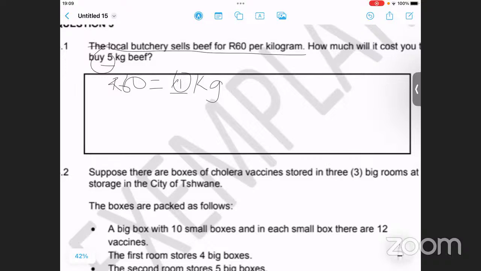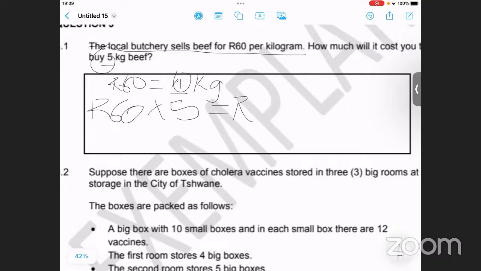Then you'll know how much it costs for 5 kg. So we're going to say 60 rands, because in 5 kg we have 1 kg times 5, so it's going to be 60 multiplied by 5, and that's how you get your answer.